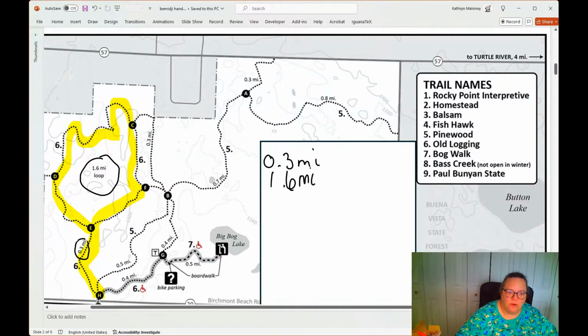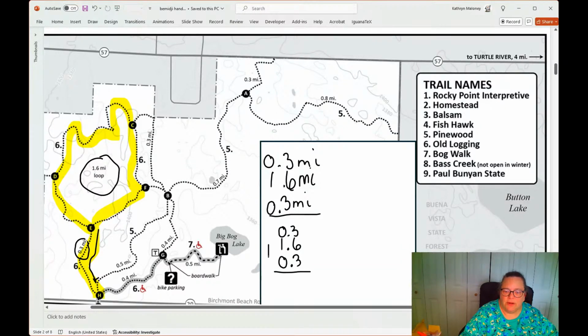And then once we do the whole loop, we're going to go back again. So we need to add another 0.3 miles. All right. Now, I didn't write that too good. Let me see if I can write it a little bit better. 0.3, 1.6, and 0.3.